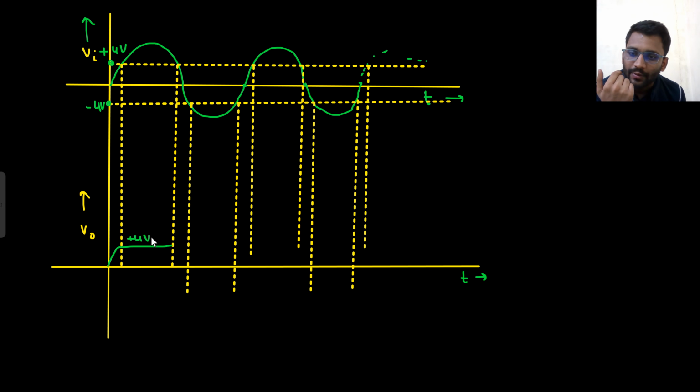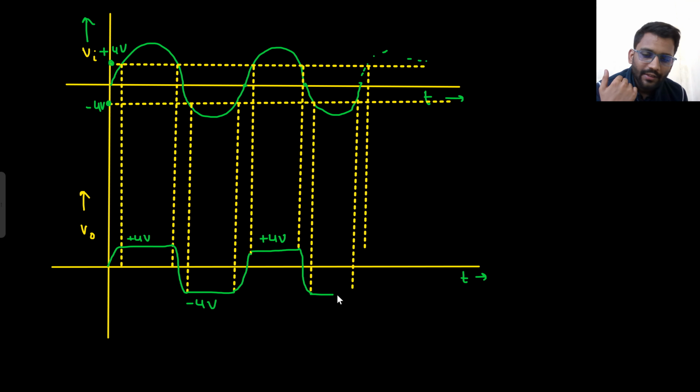Then again it will follow the input till this point, then it will be equal to minus 4 volt only. Then again it will follow the input, then it will be plus 4 only. Then again between minus 4 and 4 it will follow the input, then it will be minus 4 only.